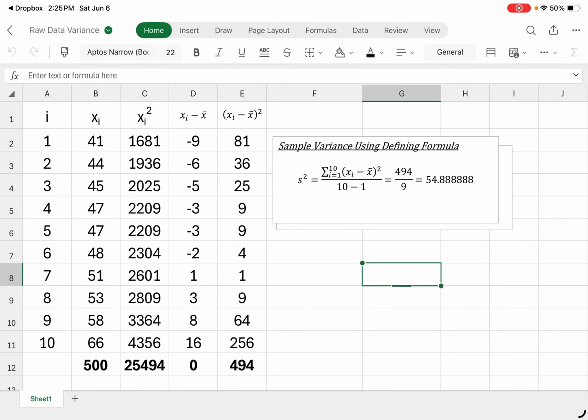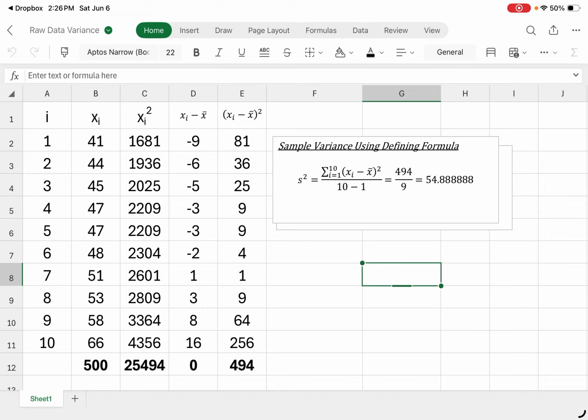Here we will see how Microsoft Excel can be used to calculate the sample variance and sample standard deviation for data set 1. So notice in column A we have the index i, which goes from 1 to 10. And then in column B we have the data, the xi's. And then in column C we take each data value and square it.